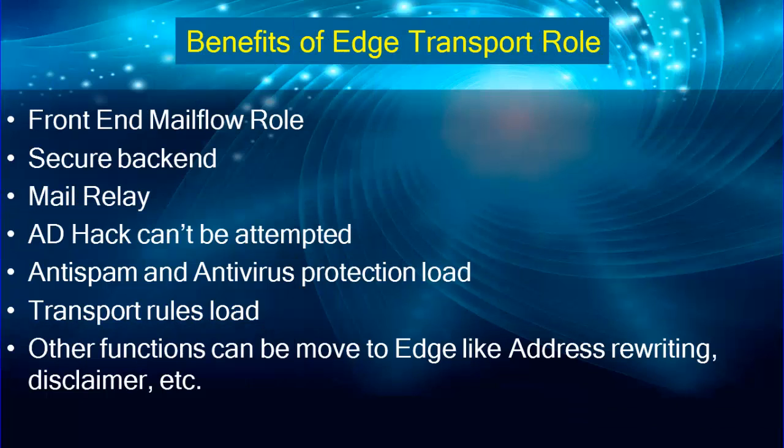So let's see the benefits of Edge Transport Role. The Edge Transport Role takes care of your front-end protection because it's a front-end server which stays in the DMZ. So any email which comes, hits the Edge Transport Server role first, and then it comes to internal corporate email servers.